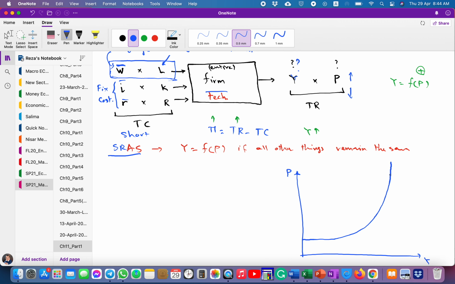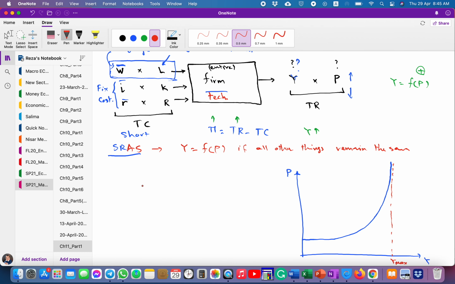But there is a vertical side, and that is that actually we have a limit. We have a limit. If we are producing Ymax, it is that we have already hired the entire labor force.